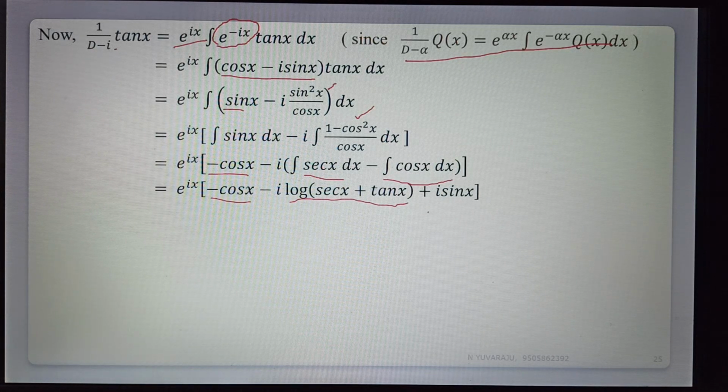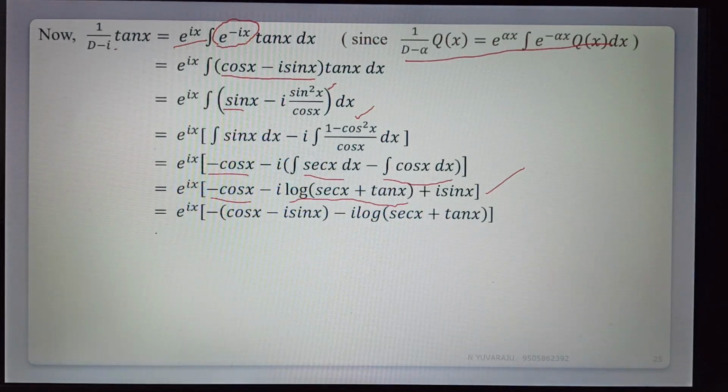Here minus into minus gives plus integration of cos x, sin x. So observing e power ix into minus cos x plus i sin x here, taking minus common, cos x minus i sin x, minus i into log of secant x plus tan x.